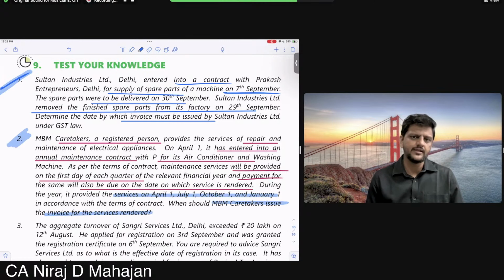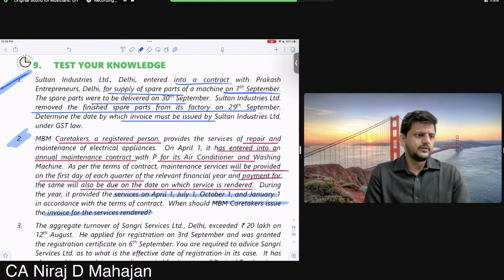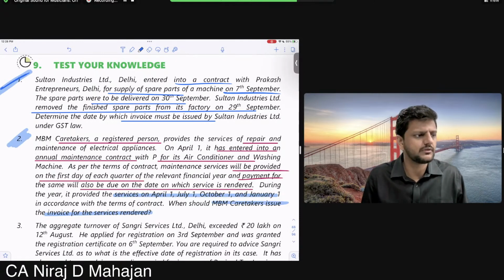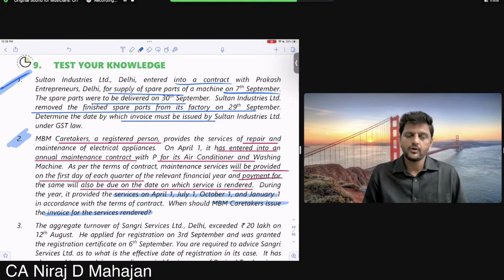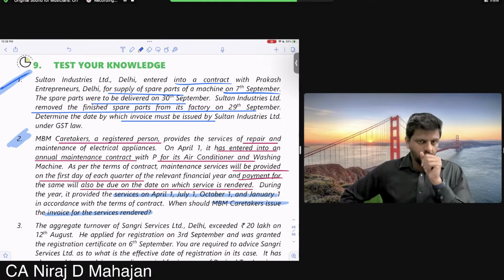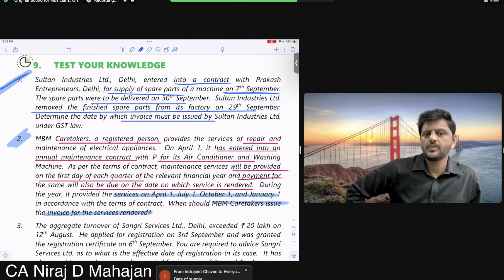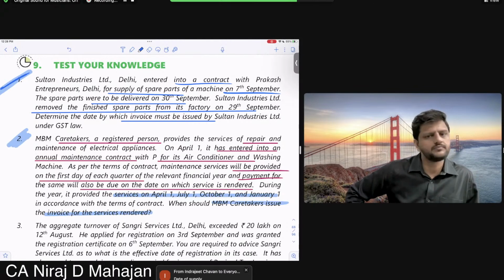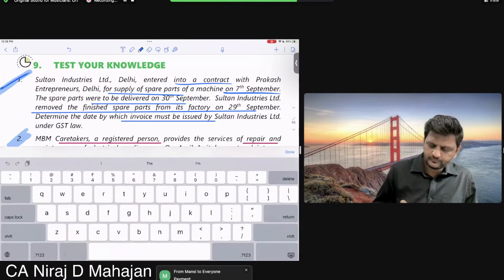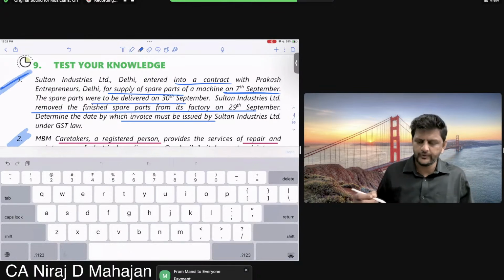What date do we see in the contract? Due date of payment or date of supply of service? I want the law, because in this question both are the same. Payment. Very good, Mansi.